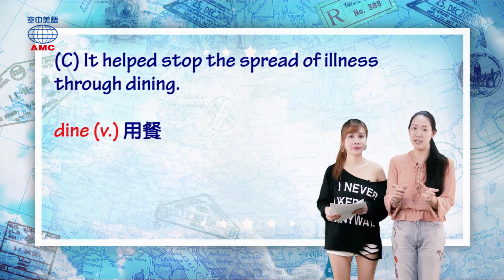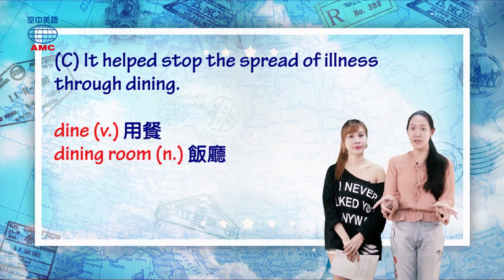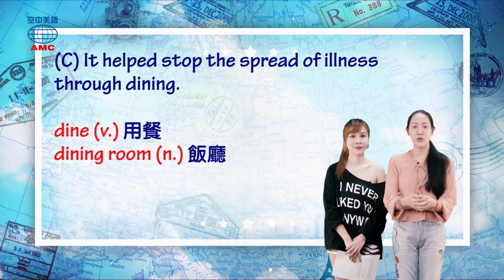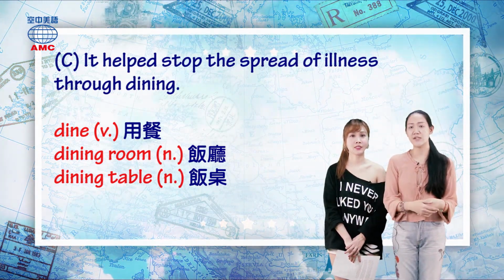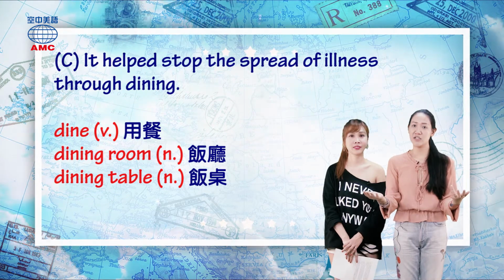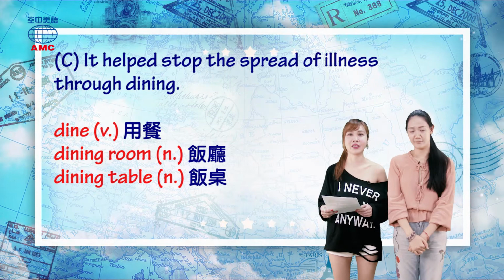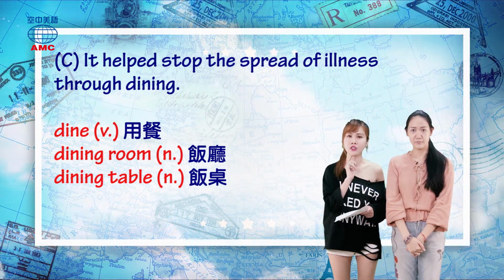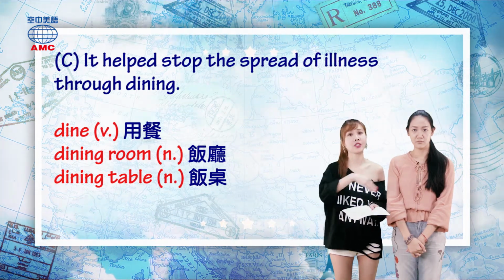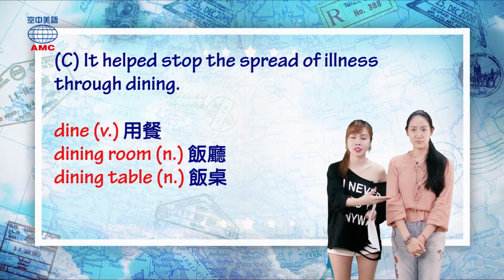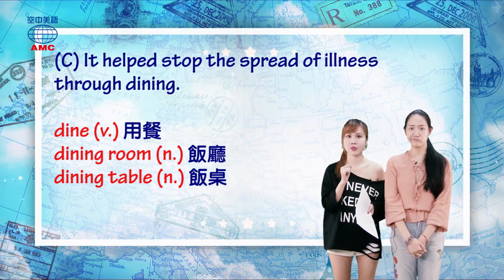The word dining can also be used with the word room. So dining room is the room where you have dinner. Or you can say dining table, which is the table for our food. Or you can say we are going to eat at our dining table in the dining room. Nice, OK。我们来看一下 C，我觉得 C 好像有点我不知道哎，它有助于停止疾病借由用餐而传递。就是可能说，如果有人生病，这样子会比较好。That's very interesting.